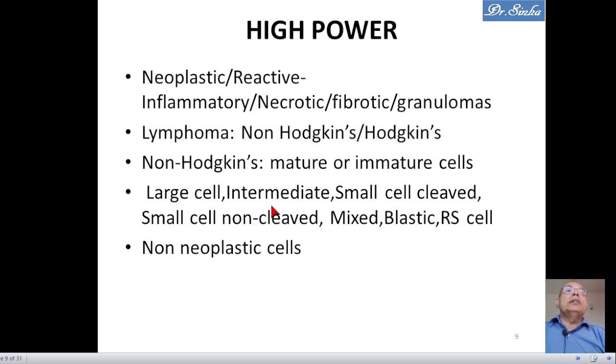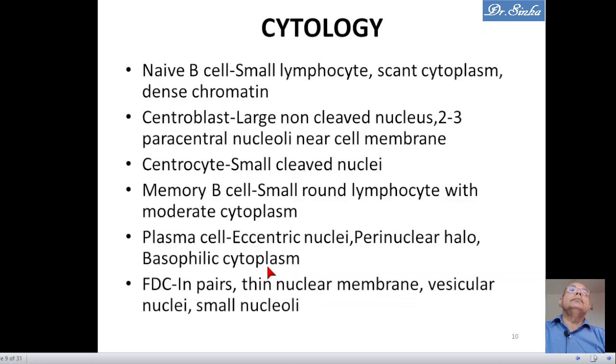Large cell, intermediate cell, small cell, cleaved or non-cleaved, mixed cell, blastic cells, Reed-Sternberg cells. One should see for non-neoplastic cells in case of neoplasm. These are the cytological features of different types of cells.